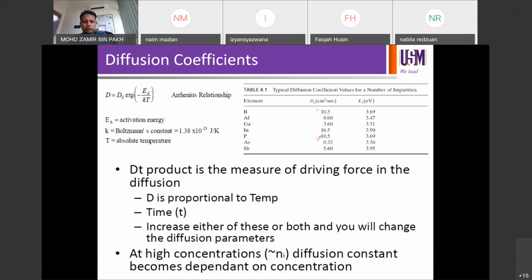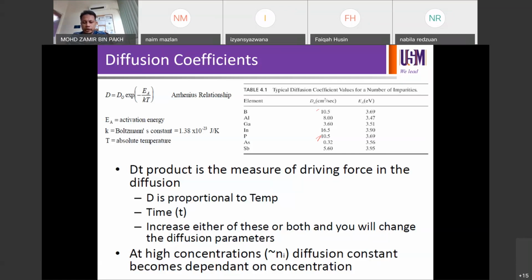D is proportional to temperature, as we've seen on the previous slide. Time also plays an important role in forming the Dt product. So increasing either of these or both will change the diffusion parameters, as you have seen in the previous graph, whether it's an error function or a Gaussian profile. So you will change the properties of your diffused junction.